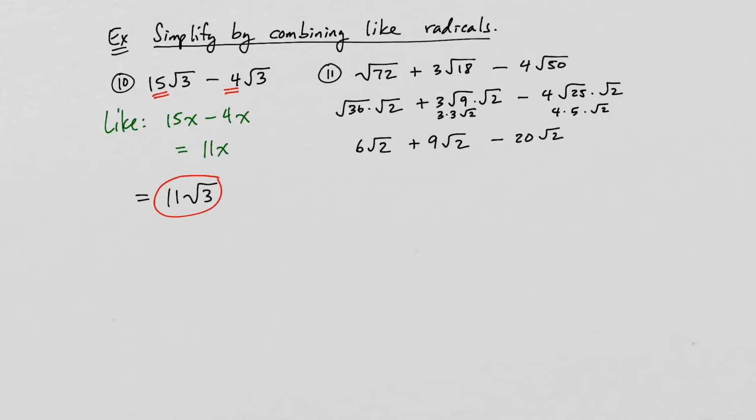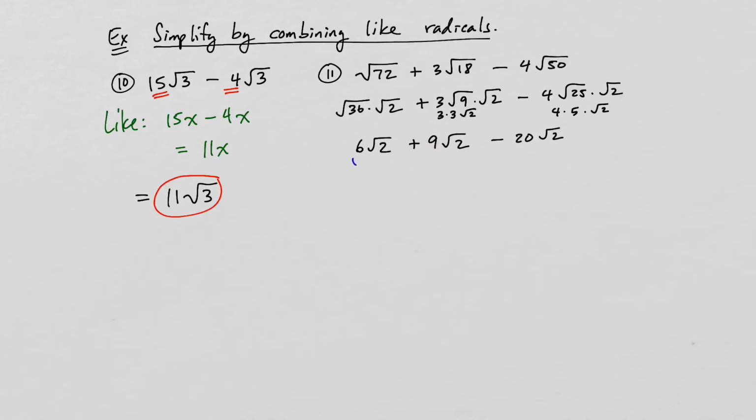So I have simplified the radical expressions as much as possible. Now notice all of the radicals are alike. We have a radical 2 here, a radical 2 here, and a radical 2 here. So we can combine all these together by simply combining the numbers in front. So 6 plus 9 is 15.